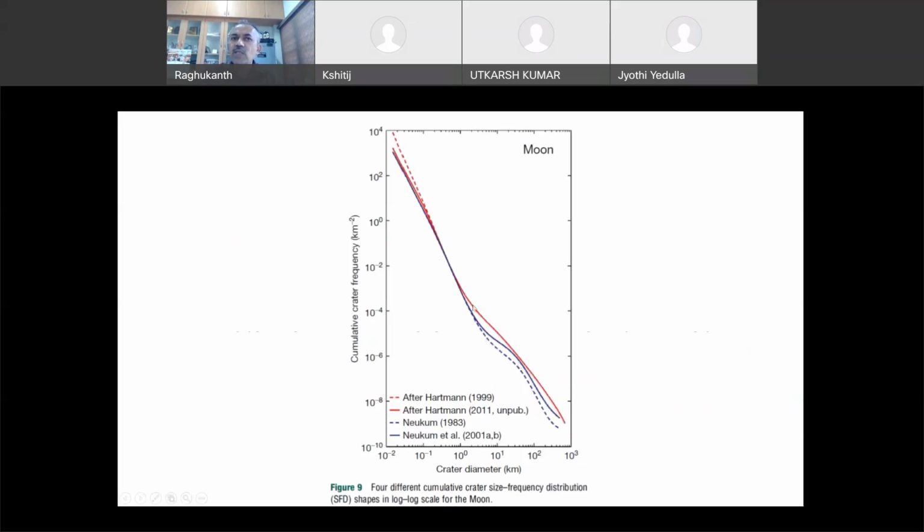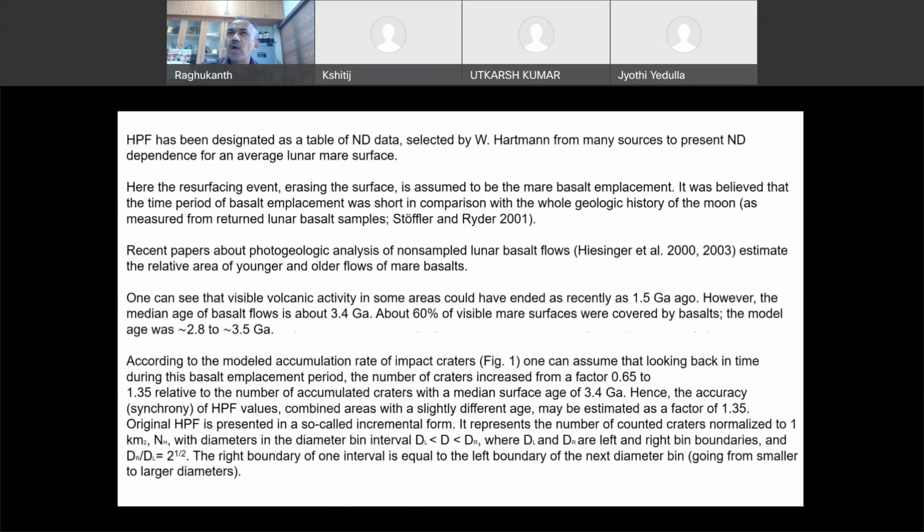The Newcomb function is more oscillatory, like a polynomial that he has fitted, whereas Hartmann fits piecewise straight lines to the data. That is HPF, the Hartmann production function.